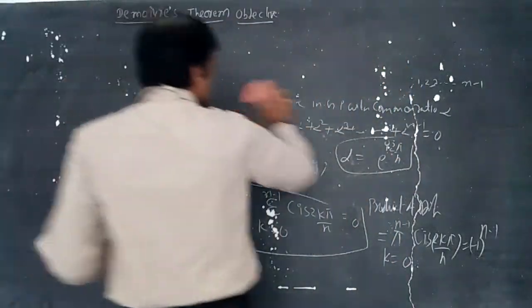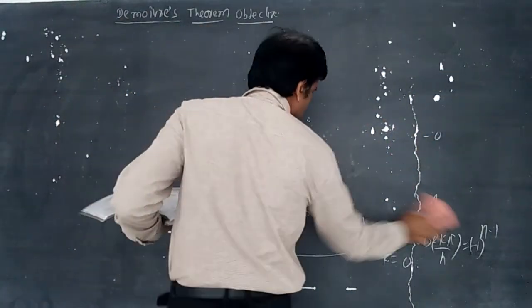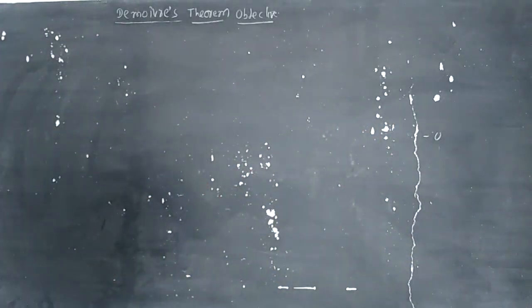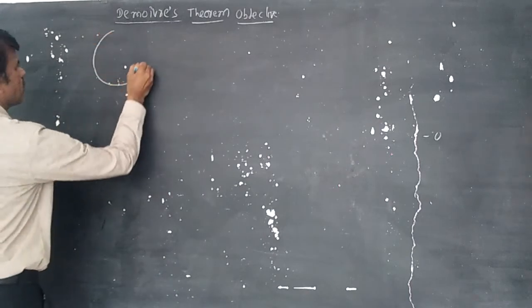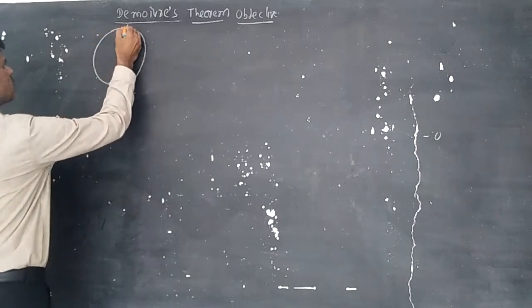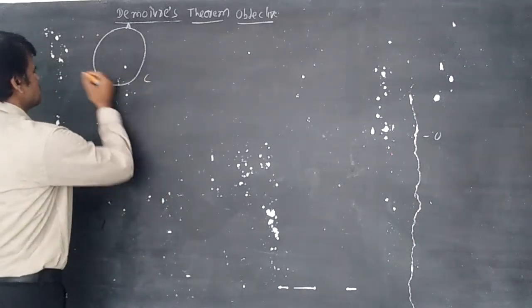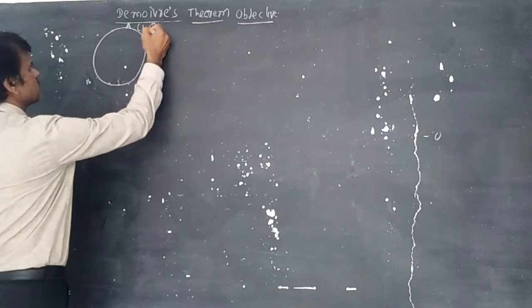Let us discuss by taking a unit circle, where the roots are omega, 1, omega square. Put here, this is A, this is B, this is C. A is equal to 1, comma 0.